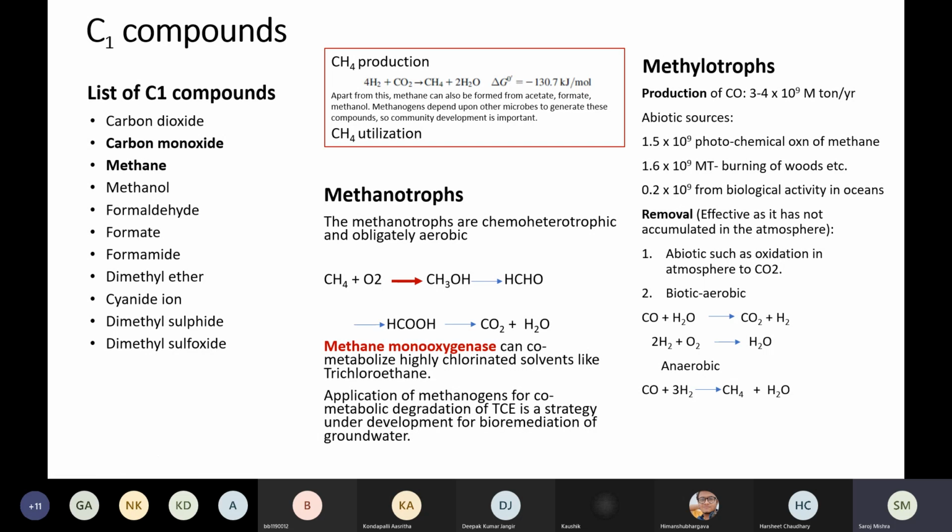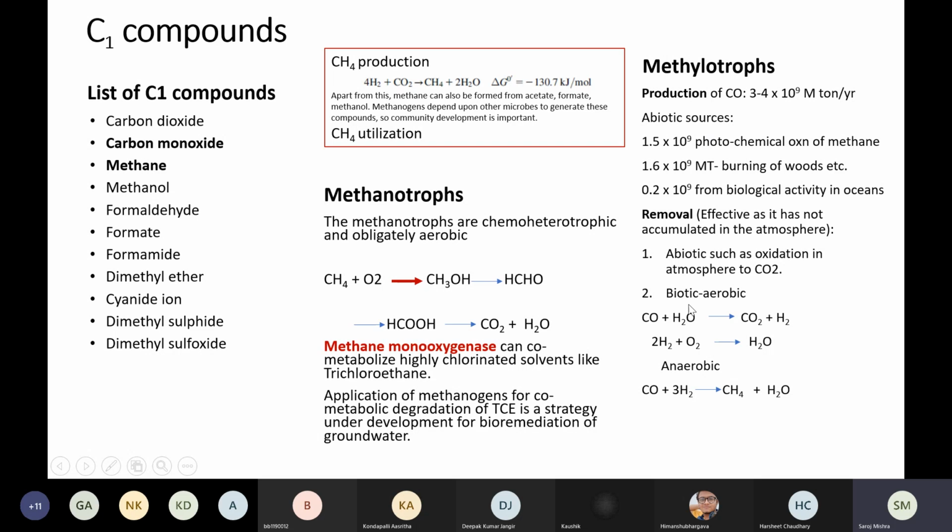Now when it comes to converting carbon monoxide into carbon dioxide, there are two routes. One is called the abiotic route, in which life forms are not involved, such as oxidation in the atmosphere to CO2, because carbon monoxide can combine with molecular oxygen to give rise to carbon dioxide, and this completes the cycle of carbon.